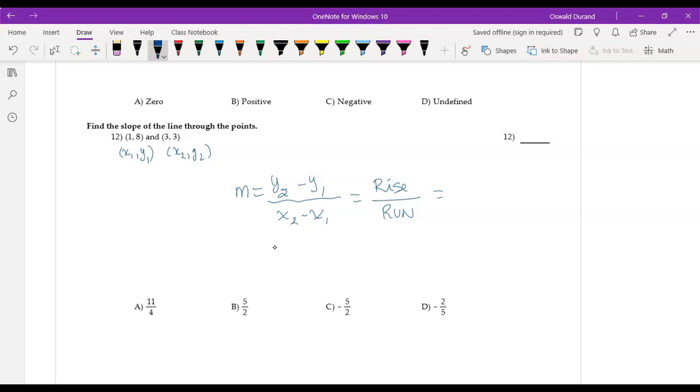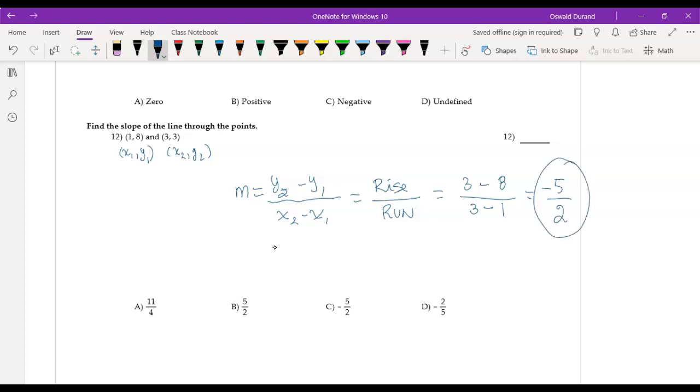Okay, so let's do that. y2 is 3, minus, that's part of the formula, y1 is 8, and then we have x2, that's 3 again, minus x1 is 1. So we get 3 minus 8, negative 5, over 3 minus 1, 2. So negative 5 over 2 is my slope.